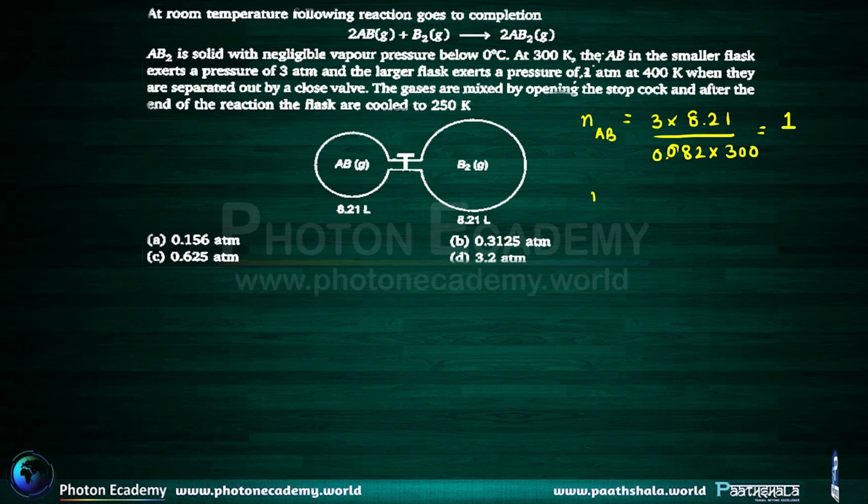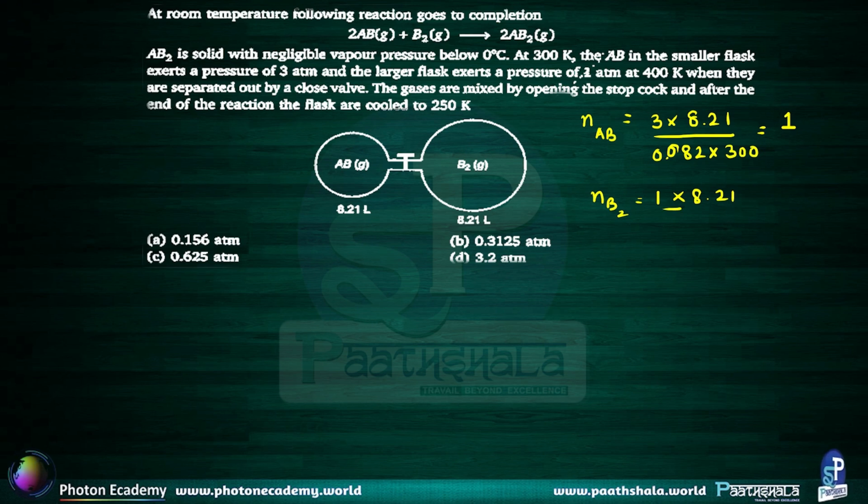And the number of moles of B2 similarly will be 1 into 8.21 liters divided by 0.082 into 400, and this comes out to be 0.25. We have the moles of both the components.